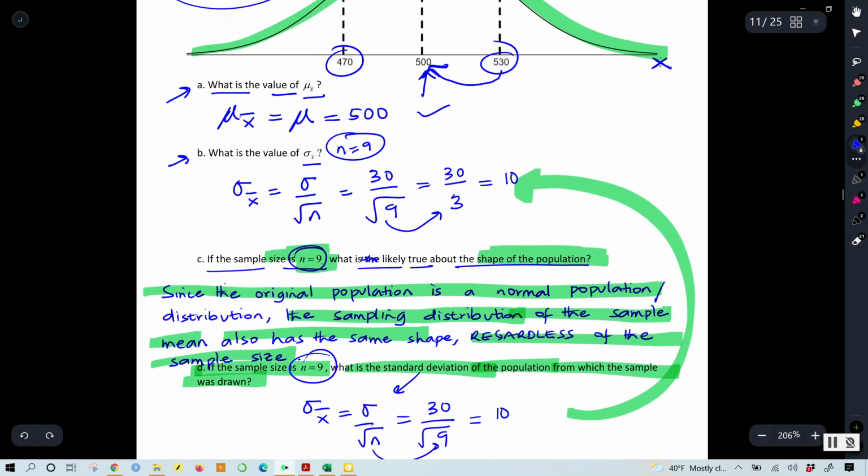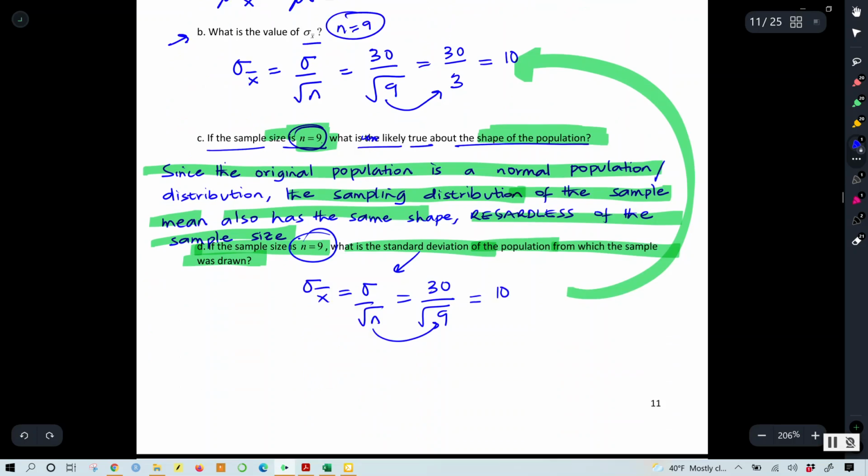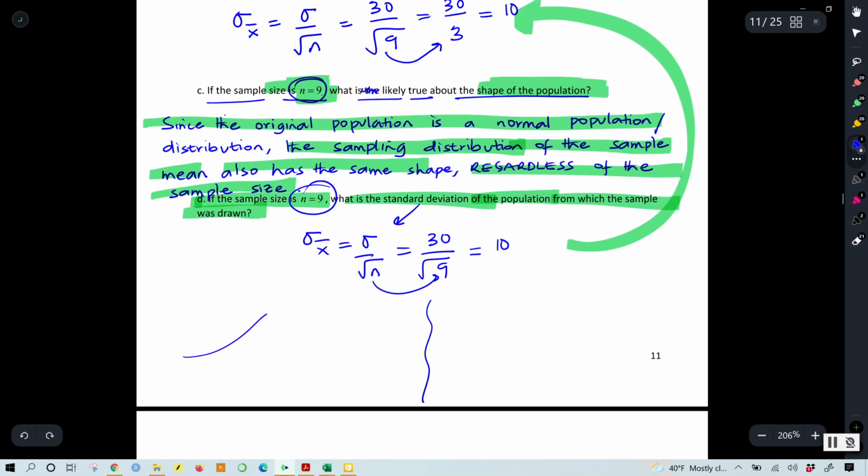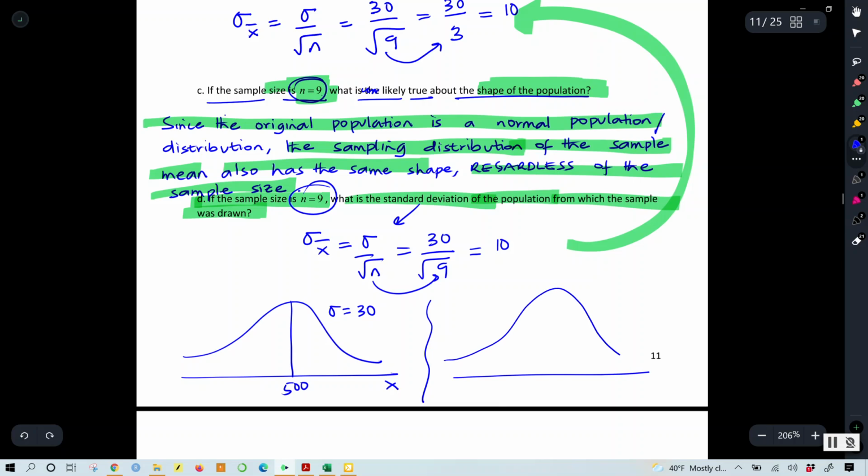So this is very, very important. The summary of what we have done so far is this. We started out with a population that was normal, where you have a mean of 500 and a standard deviation of 30 for the values of x, and we want to derive the sampling distribution of x bar.